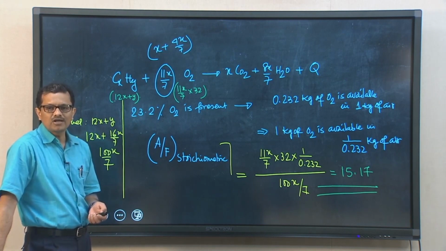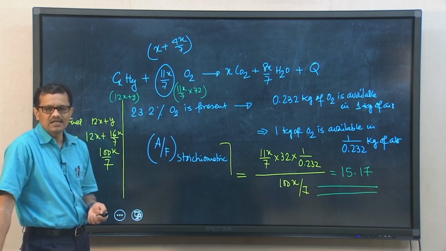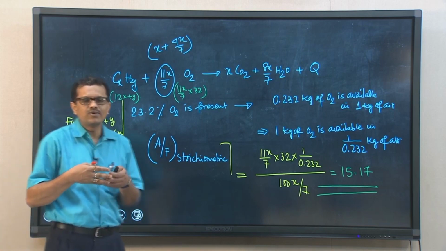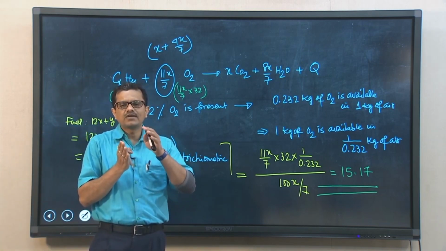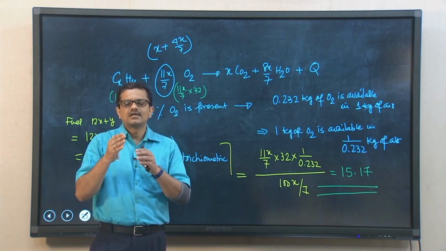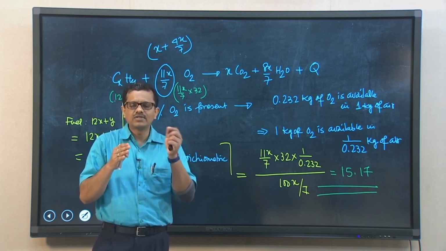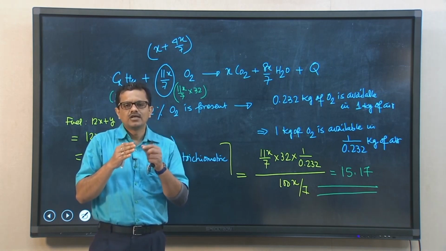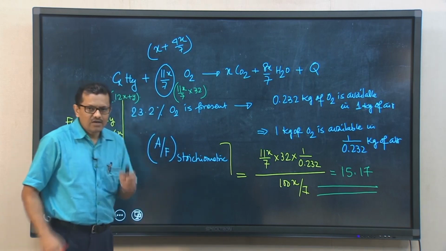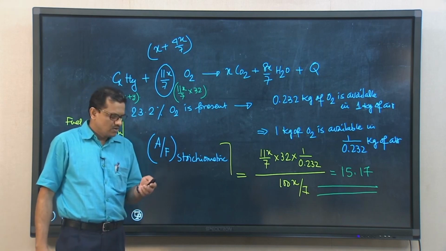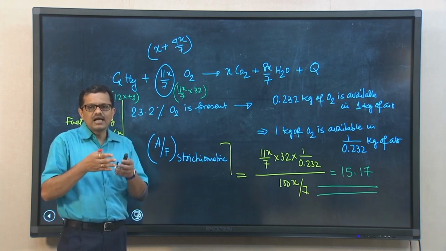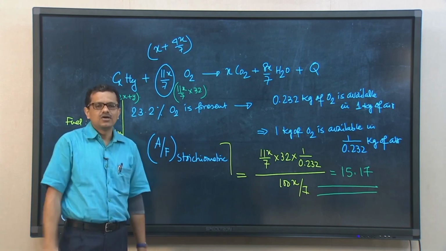Now, the most important part of a simple jet type carburetor that we had seen is the venturi, because a proper design of the venturi is needed to ensure that the pressure drop at that particular section is good enough to initiate the flow of fuel from the float chamber to the fuel discharge point. And that is why I would like to solve another problem wherein we can calculate the venturi diameter as well as the diameter of the orifice tube.